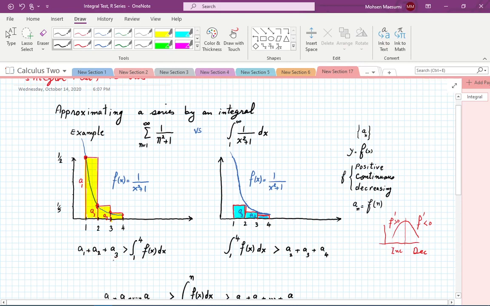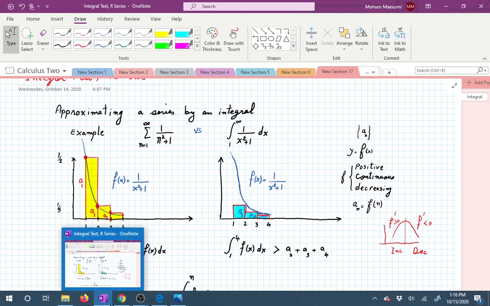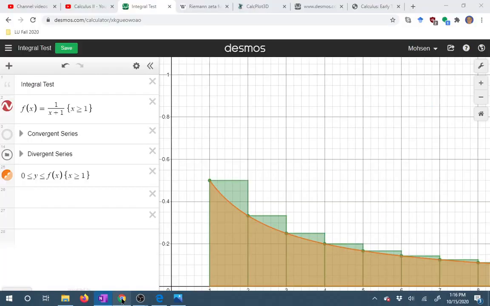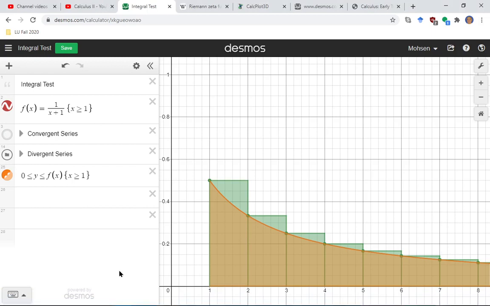Well, let me show you also in the context of a demo that's a little bit cleaner than the pictures I have drawn. So here's a simple demo. The function is a bit different, but just to keep it simple, I have it like 1 over x plus 1. It can be any function you have in mind.